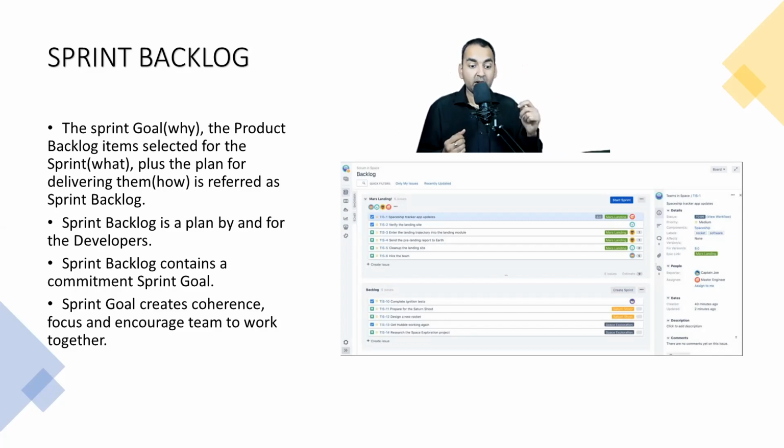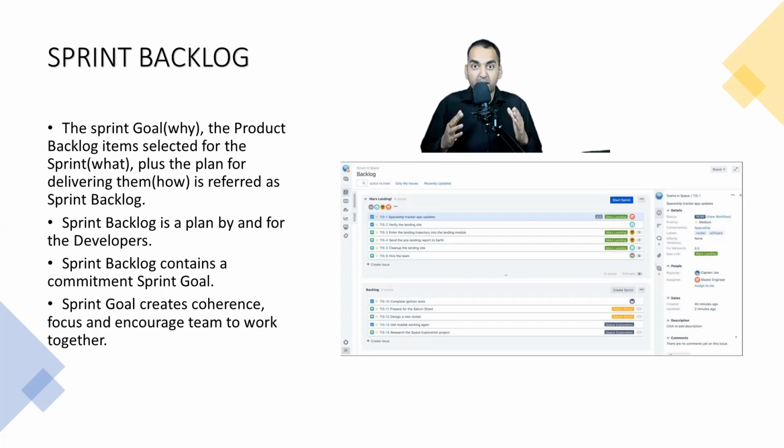Sprint backlog contains a commitment towards the sprint goal. We have seen product backlog is a commitment toward the product goal, and the sprint backlog is a commitment towards the sprint goal. Sprint goal creates coherence, focus, and encourages the team to work together.